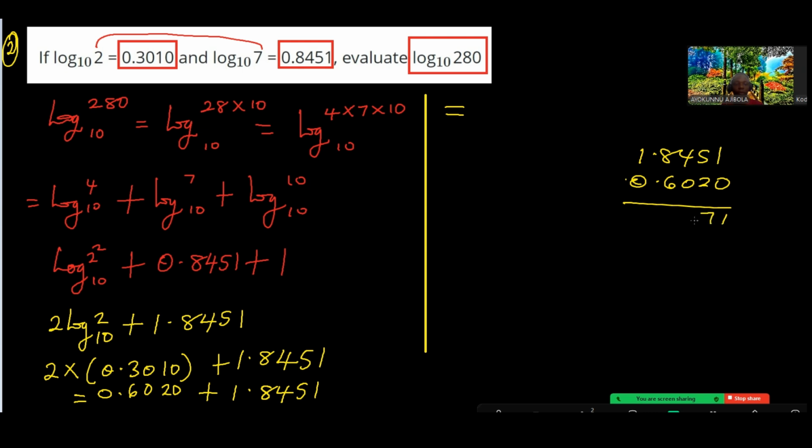So this is 7, and this is 4, and this is 4, right? So that's 2 point what? 2.4471. So do you understand it now?